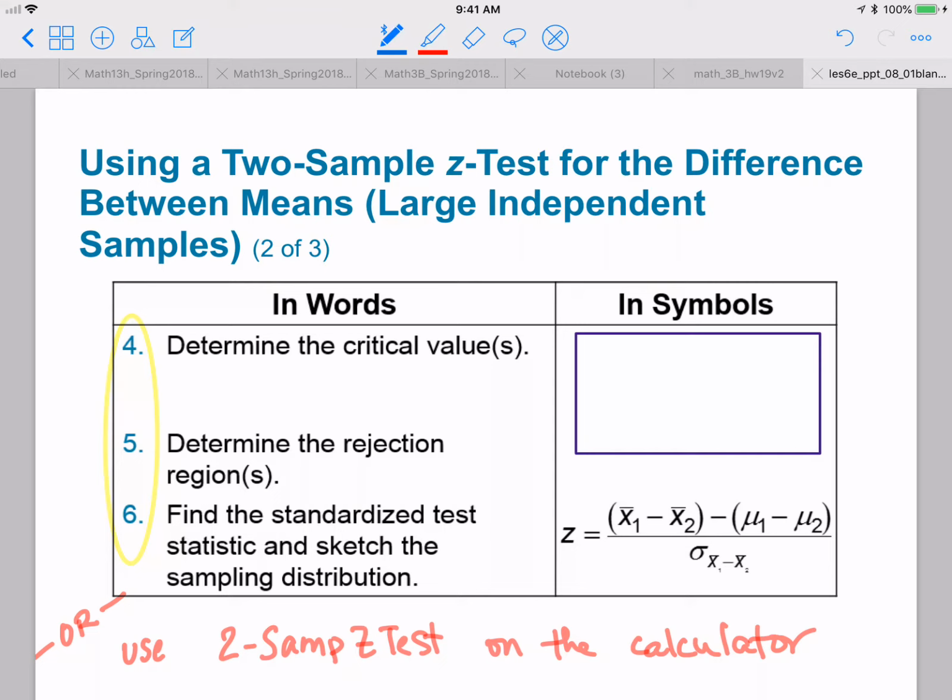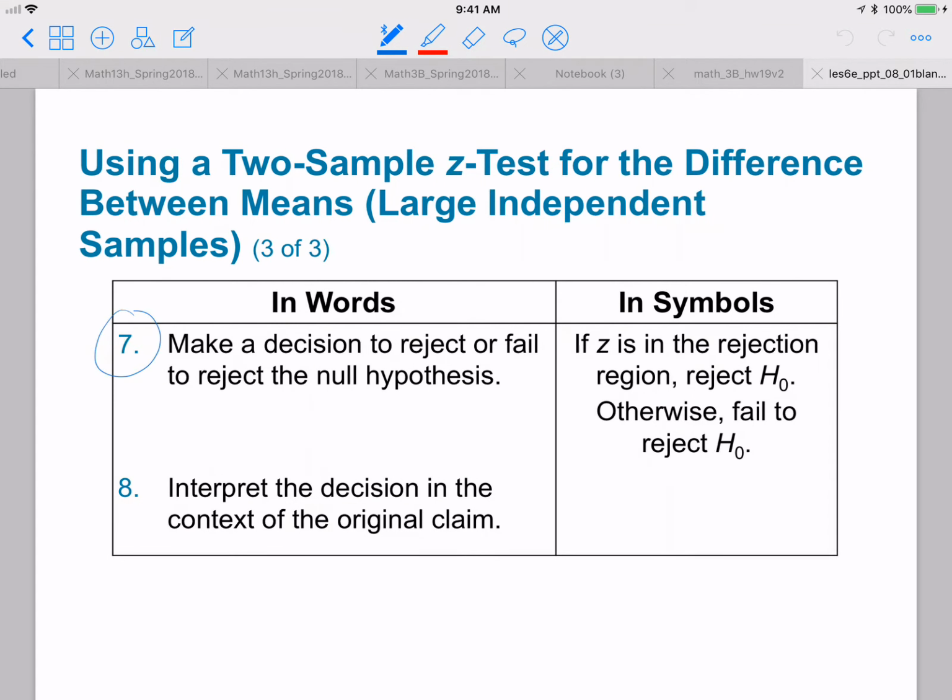If we use 2 samp z-test on the calculator, this will give us a p-value. And if we do the critical value and the rejection regions, we'll end up with the rejection region and the standardized test statistic, right? And so then we can make a decision to reject or fail to reject. And then the last step is to interpret the decision in the context of the original claim.